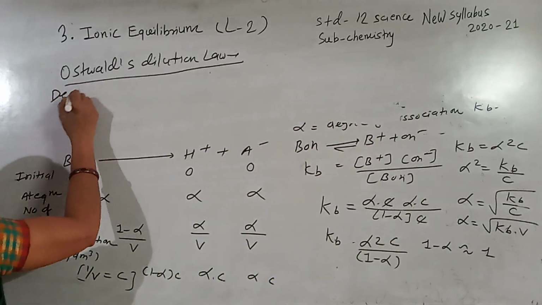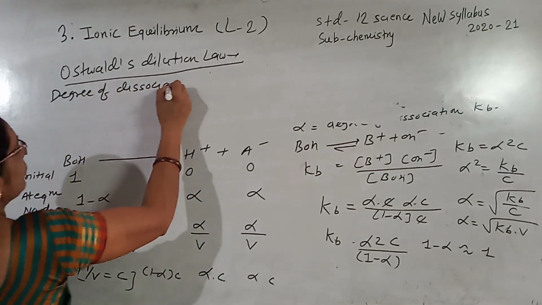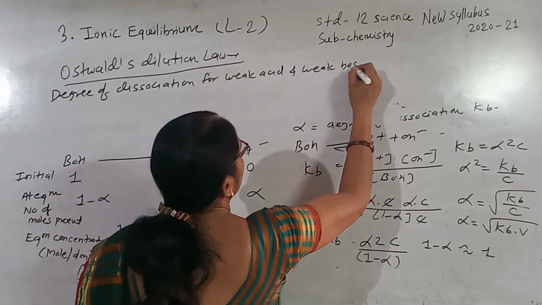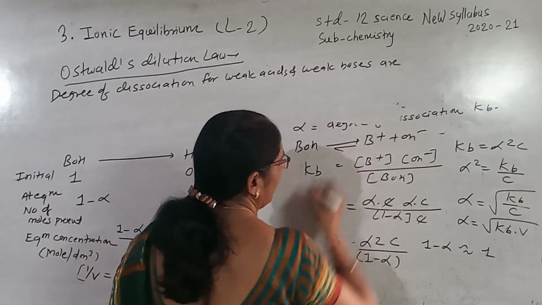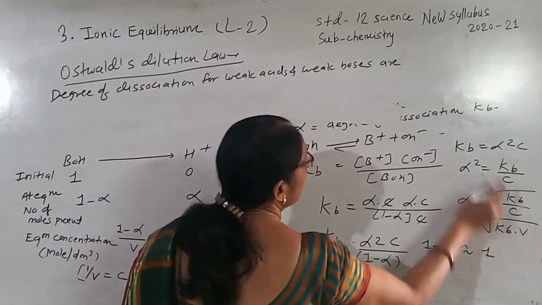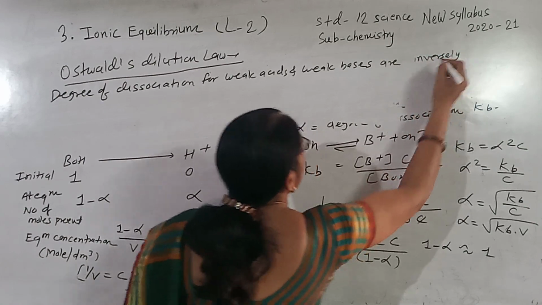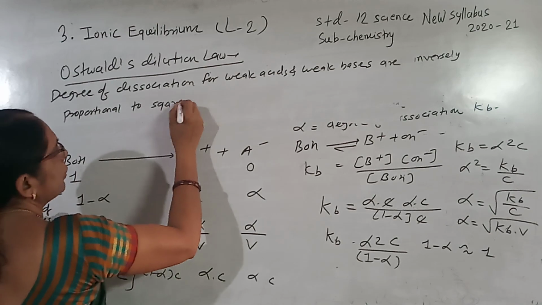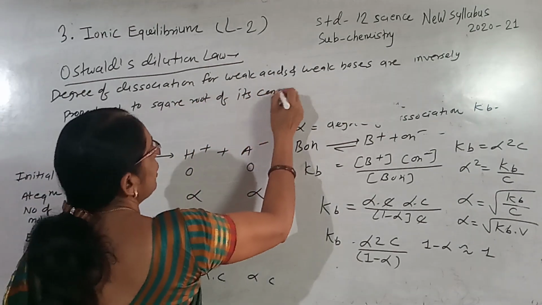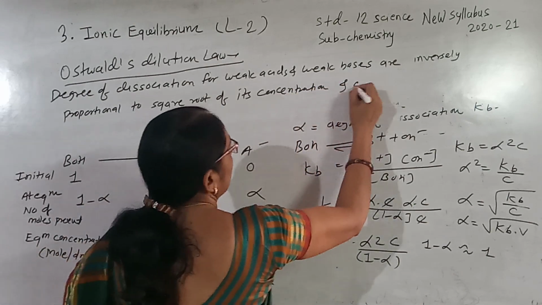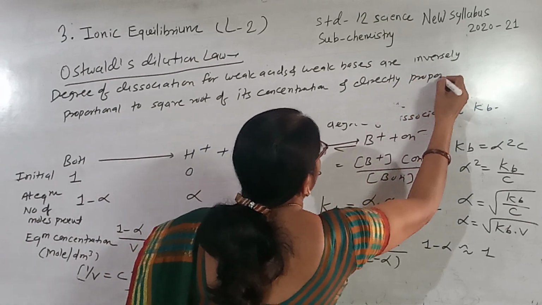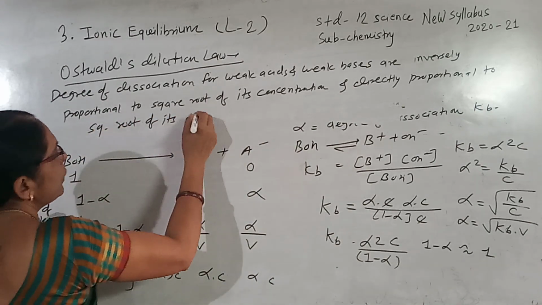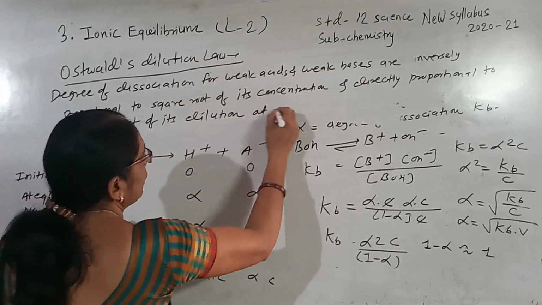So from Ostwald's dilution law, we can write one statement: the degree of dissociation for weak acids and weak bases is inversely proportional to the square root of its concentration and directly proportional to the square root of its dilution at equilibrium.